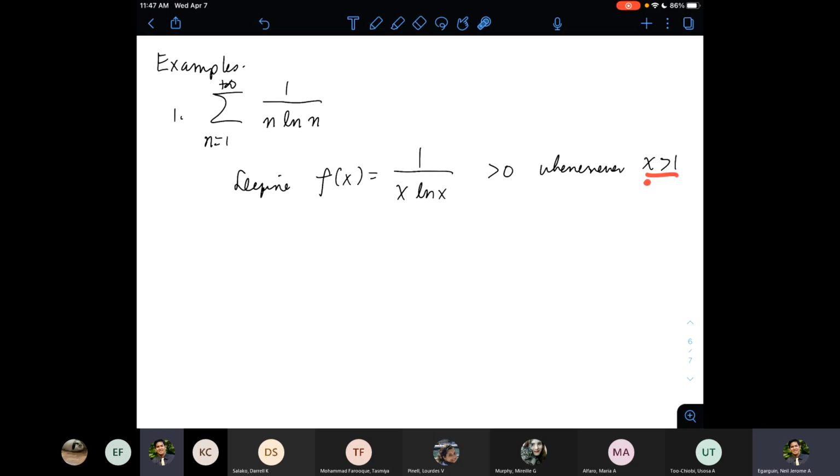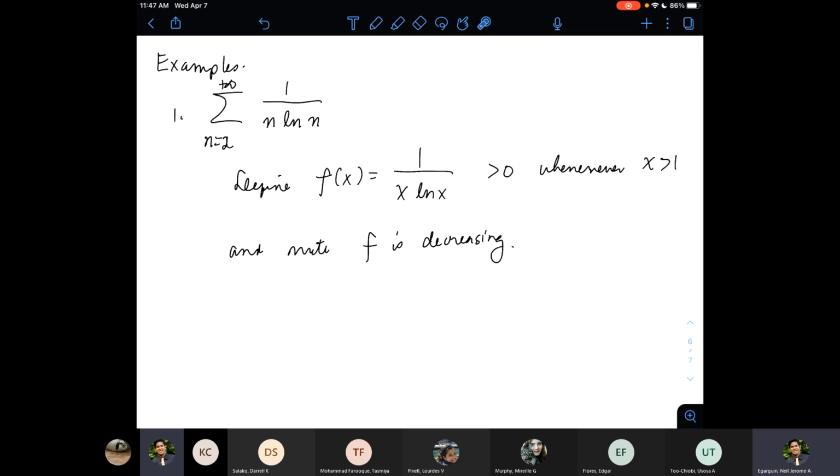Actually here, I should start at 2, because ln of 1 is going to be 0. So I'll have a 1 over 0. So this is positive whenever x is greater than 1. And then, well, let's look at this. Is it increasing or decreasing? And note f is decreasing.